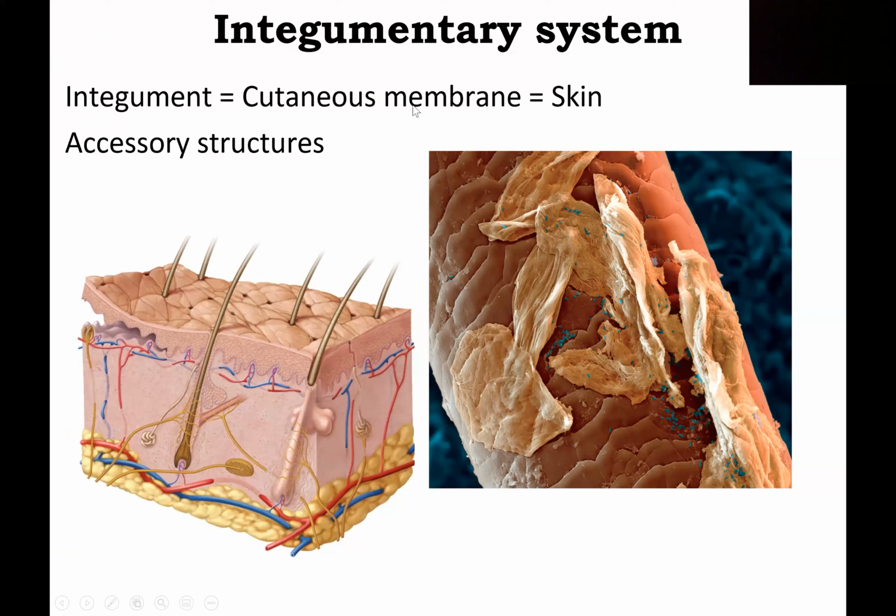The cutaneous membrane means you have layers of epithelial tissue and connective tissues. This is going to be the outer covering for the body. The system includes other structures, which we refer to as accessory structures.